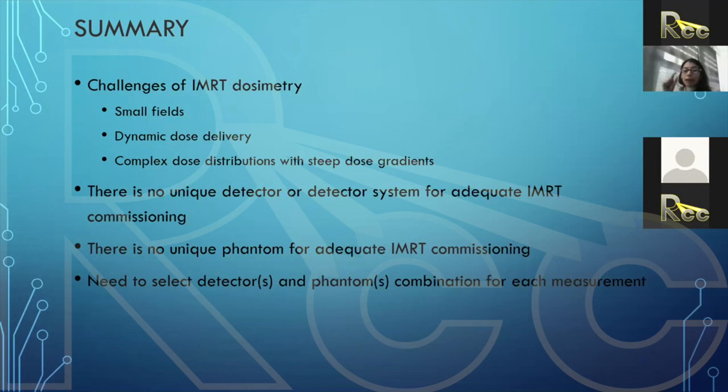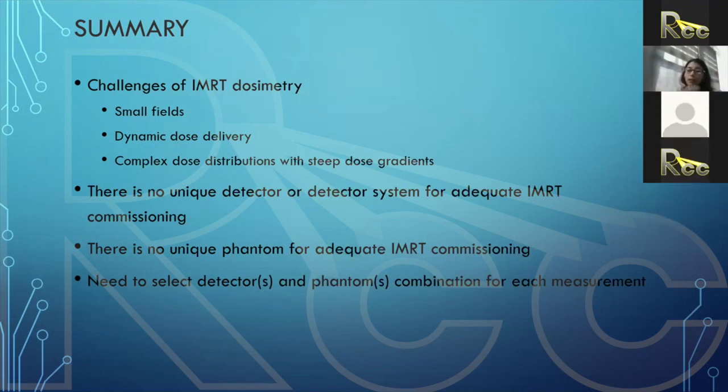So you need an ion chamber with a smaller active volume in order to do your analysis. The film is going to help you to see the isodose distribution, and your ion chamber is going to help you to do an absolute dose measurement.